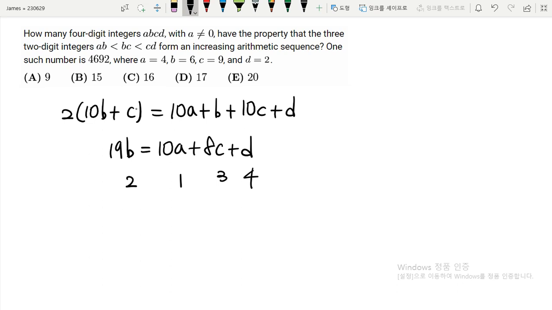And then let's increase the value of B to 3. And if A is 2, now what's the value of AC plus D?